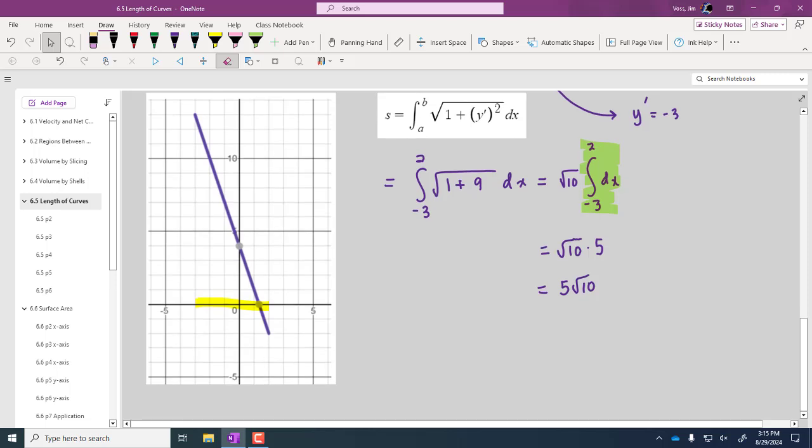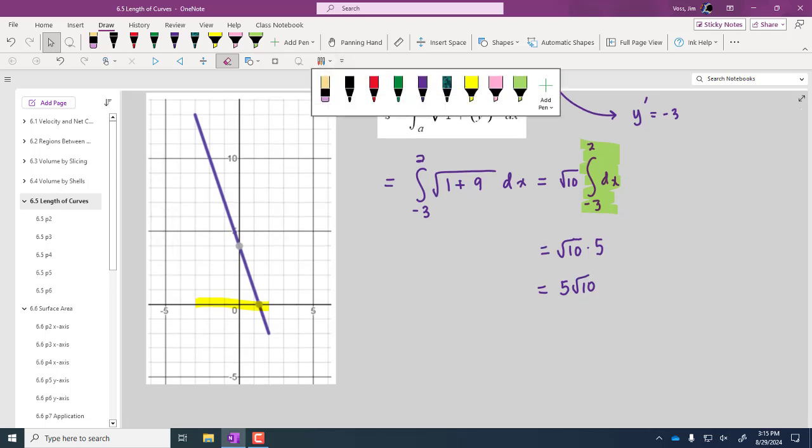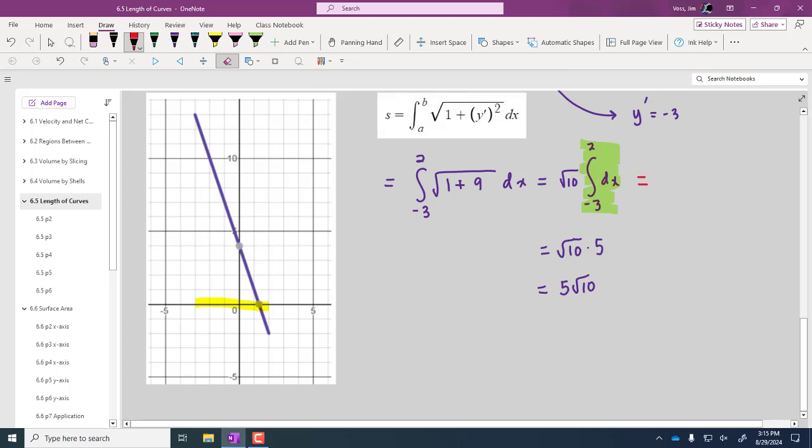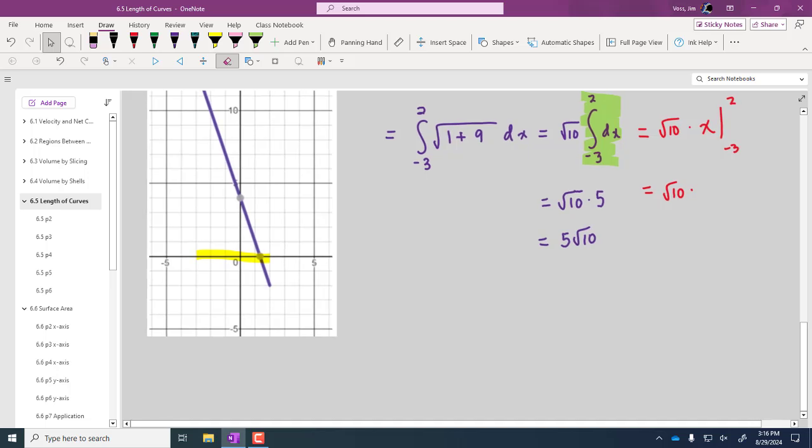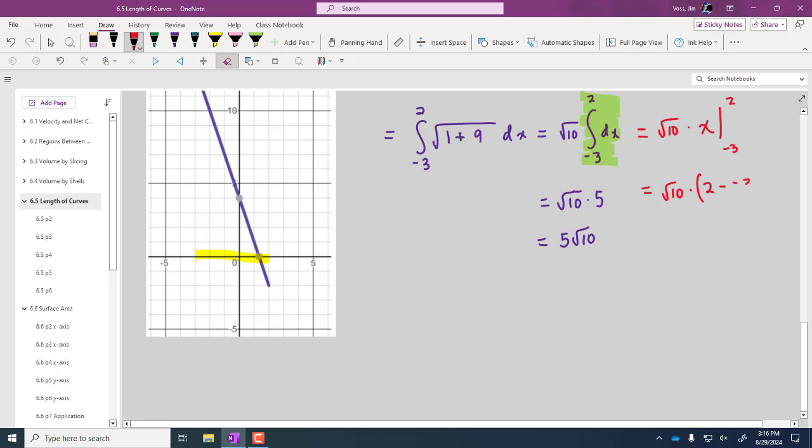So now if you wanted to do it the long way, you can keep going. And what is the integral of dx? If you were going to integrate 1 dx, it's just x. And the limits of integration are -3 to 2. So then you're going to have 2 plugged in as the upper limit minus the x, minus -3.